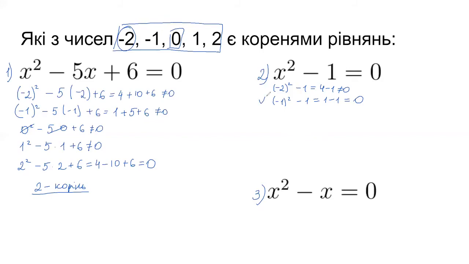So let's check 0. 0 squared minus 1 equals, no, it doesn't equal 0. And 1 squared minus 1, we have 0. So it's another root. And just in case, let's check 2. 2 squared minus 1 would be 4 minus 1, which is not equal to 0. So we have two roots, 1 and -1, in this equation.